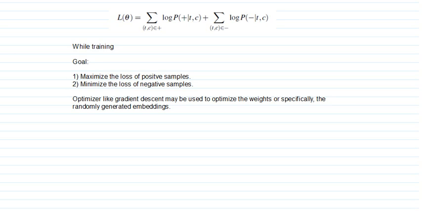So these are also optimizers. We may use a simple one, gradient descent, because we have a simple loss function here. After training we will obtain the weights, which are in the form of embeddings, and we just skip the prediction part. We do not require any prediction in this case.